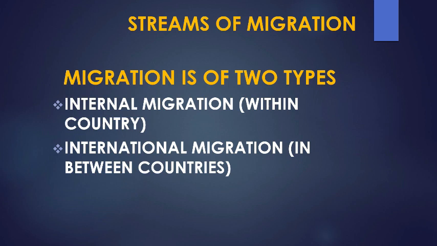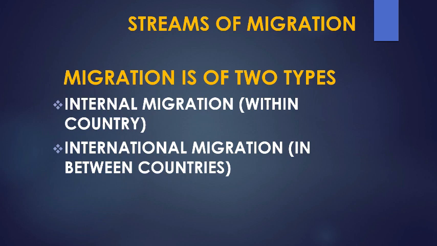When people migrate from one continent to another, it's known as intercontinental migration. The second one, migration between countries on a single continent, is known as intracontinental migration.